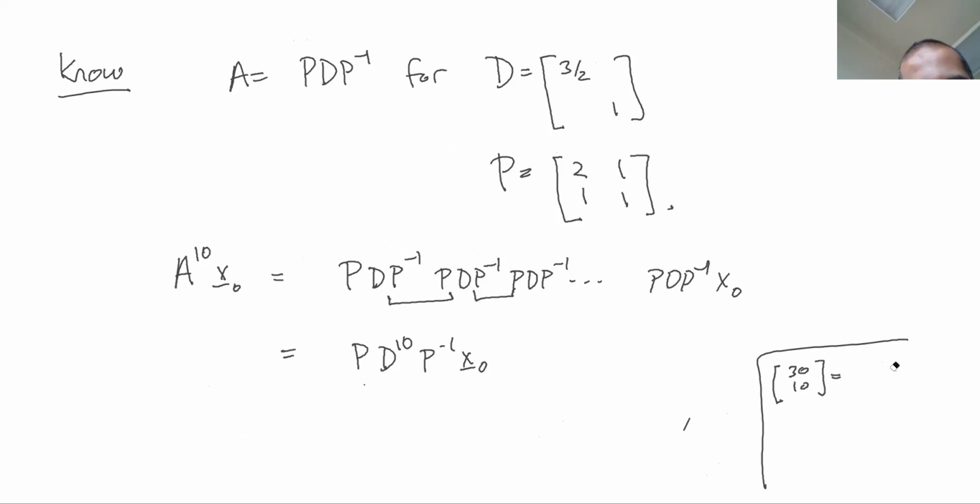Well, I technically need to row reduce. Does anybody see how to do it? Okay, fine, let's do it. Maybe I should use a calculator.